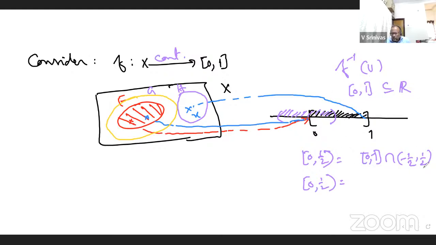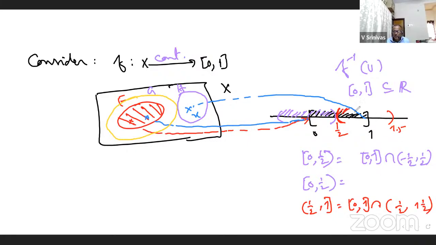So this open interval is open, and you intersect that with this set. You get open sets here. Similarly, look at this one: the point half, and this interval is left open and right closed. This is the intersection of [0, 1] with the open interval (1/2, 1.5).